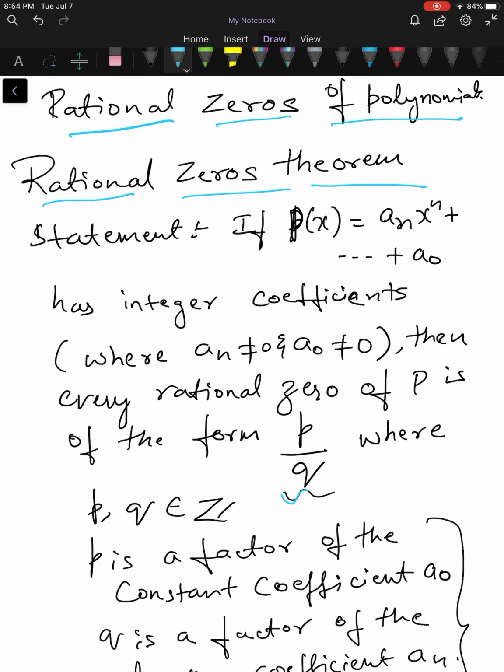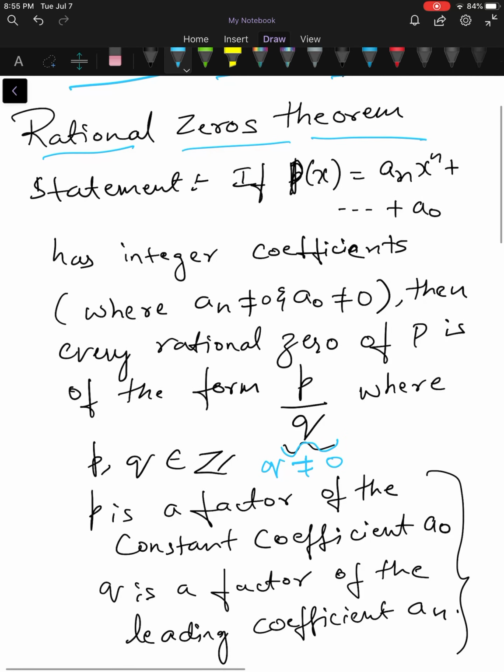This p over q is the general form of a rational number, where q is not equal to 0, and p, q are integers. Here p is a factor of the constant coefficient a naught, and q is a factor of the leading coefficient a n.